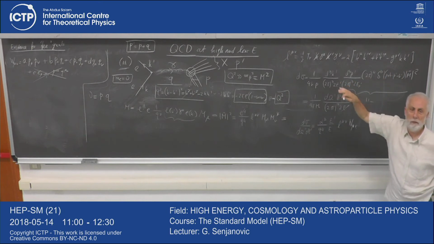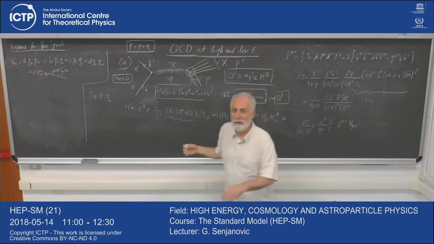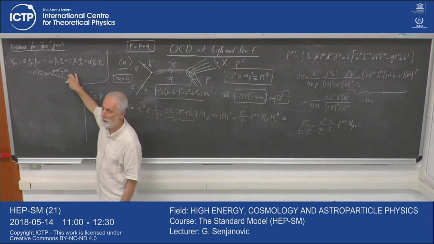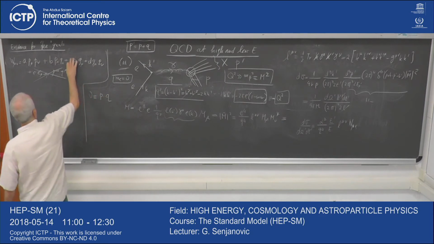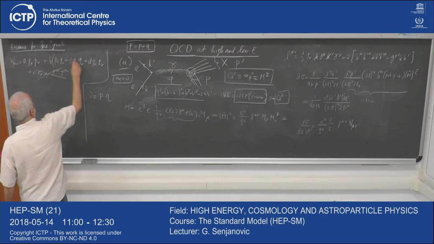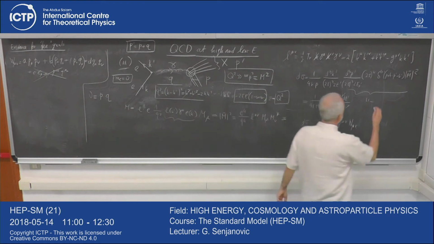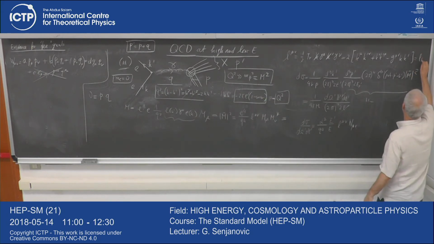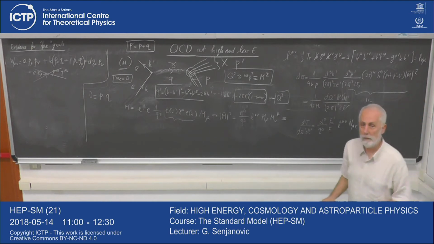You don't even have to, well, they shouldn't come out because there is no parity violation, but even if it did come out, we don't care because it will multiply L mu nu, which is symmetric, so it doesn't contribute. If this is symmetric, then B and C are equal. Only the symmetric piece will contribute. Sorry, L mu nu is symmetric. So in W mu nu only symmetric parts contribute.